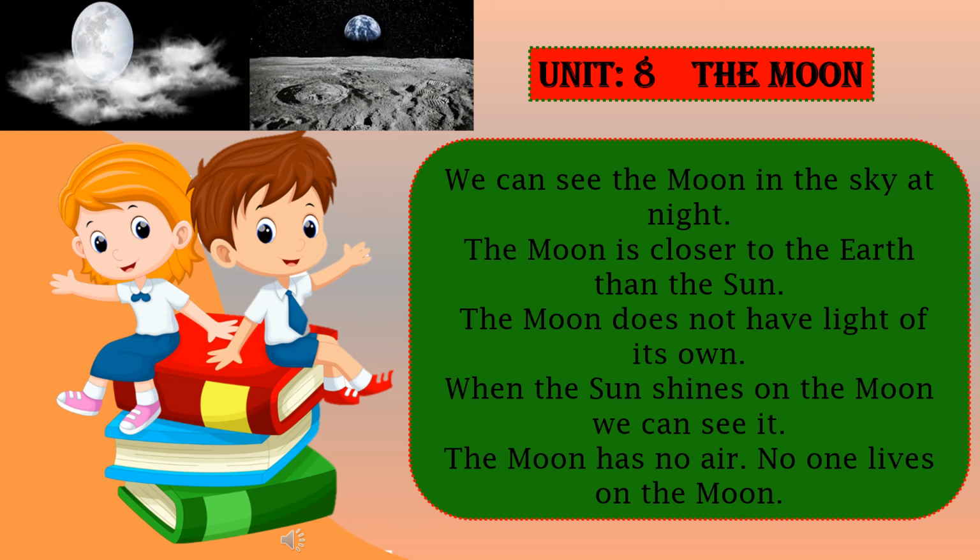Next sentence is, the moon has no air and no one lives on the moon. And I told you that the moon has a plain surface, it has mountains, it has craters, meaning big holes on its surface. And you know, as human beings, we are living beings. We need water, air and food to stay alive.